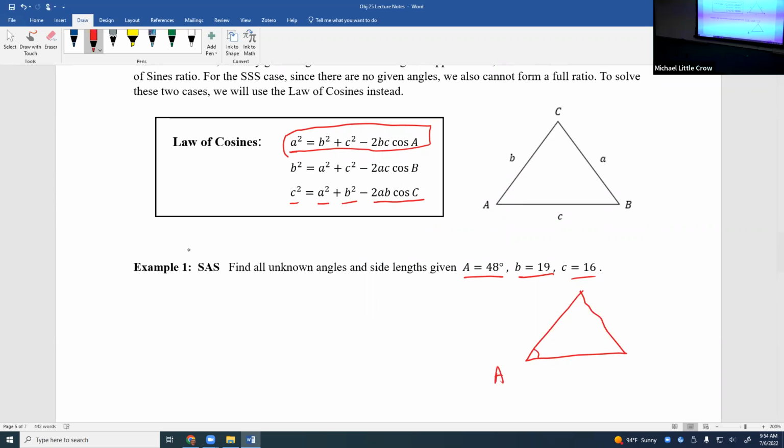There's A, put that there, there's 48 degrees. Little b, so if this is big angle B, little b's over here. That's given. This is big C, little c is over here. And notice we don't know A, we can't use the law of sines here, so we're forced into the law of cosines.